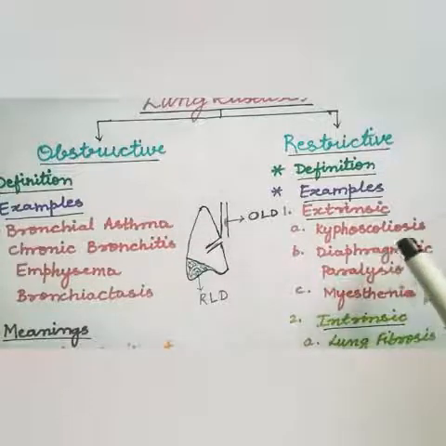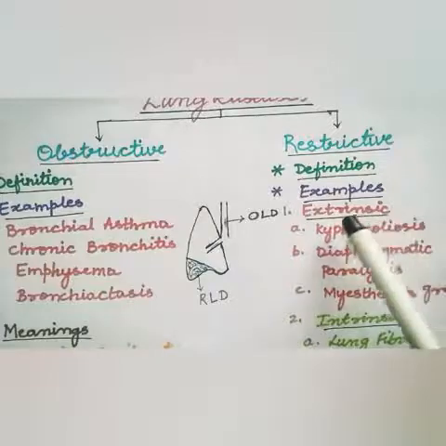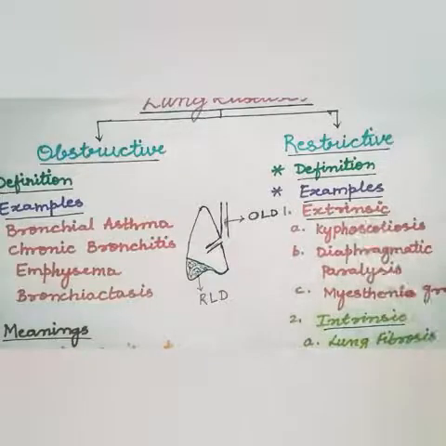Okay, now let us talk about the extrinsic factors. Extrinsic means the problem is not in the lung. The problem lies outside the lung, and hence it is also called extrapulmonary factors.